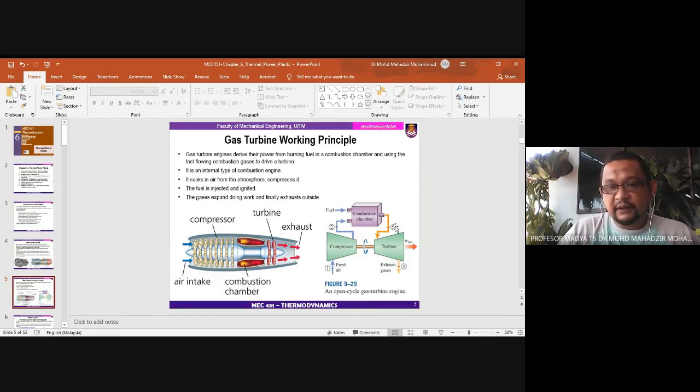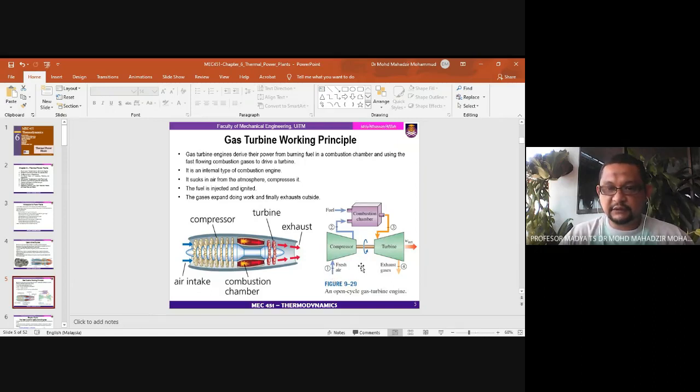So this is a schematic diagram of the gas turbine. You can see this is a compressor, and then the combustion chamber, and also the turbine. In between compressor and turbine, there is a long shaft. When the turbine is rotating, the compressor will rotate as well to suck the air from the atmosphere.